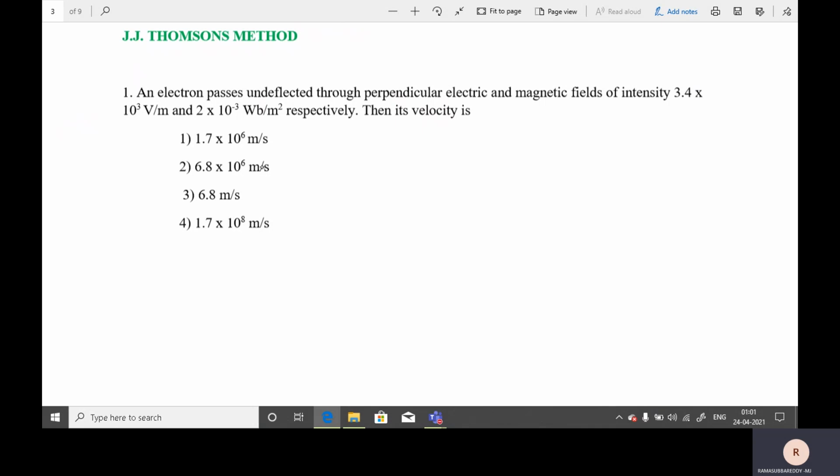First problem. An electron passes undeflected through perpendicular electric and magnetic fields of given intensities, then what is the velocity? We discussed in the J.J. Thomson model, this is the cathode. If this electron beam is passing, like the experimental setup, roughly I draw here.